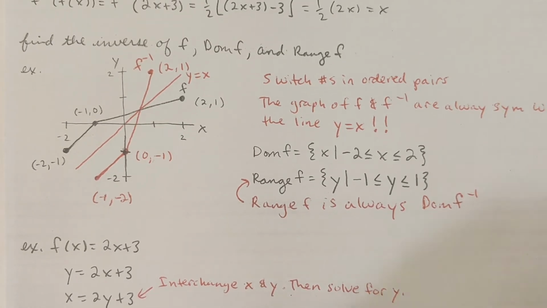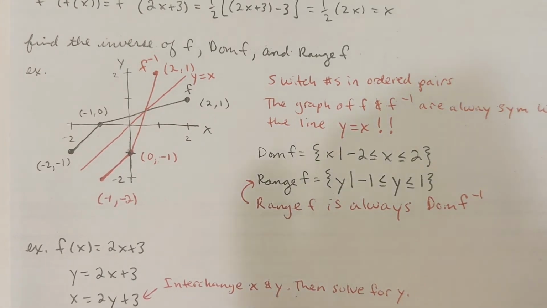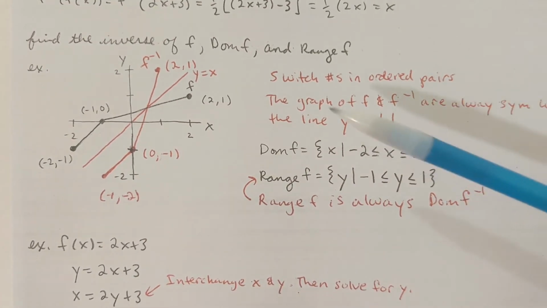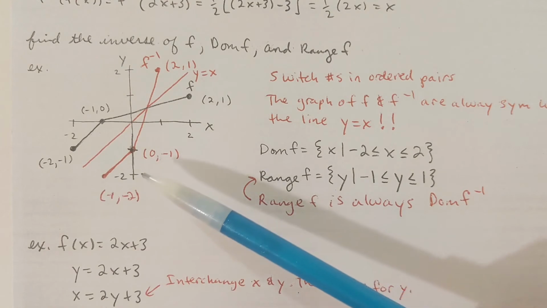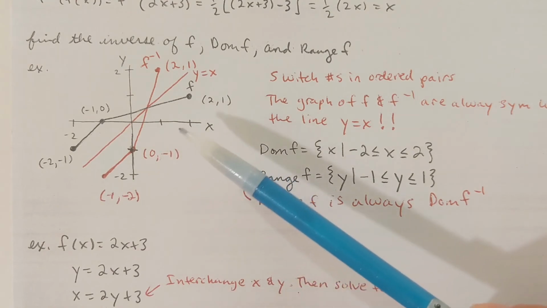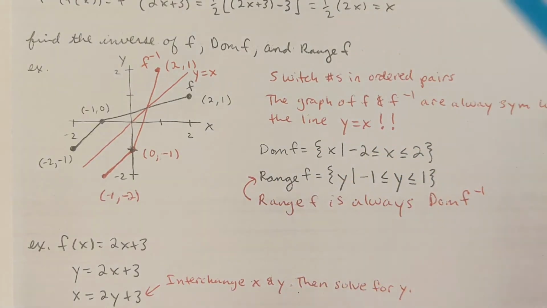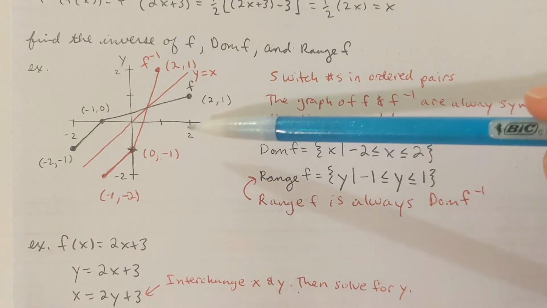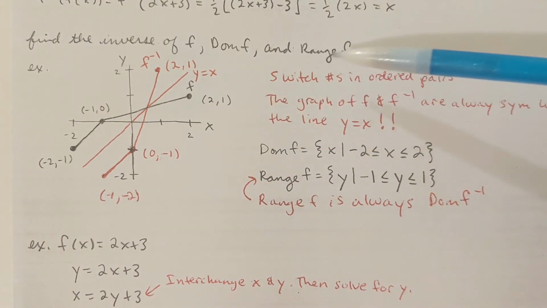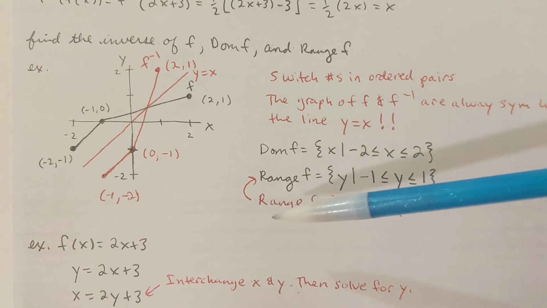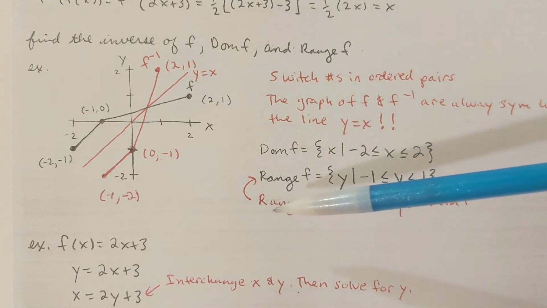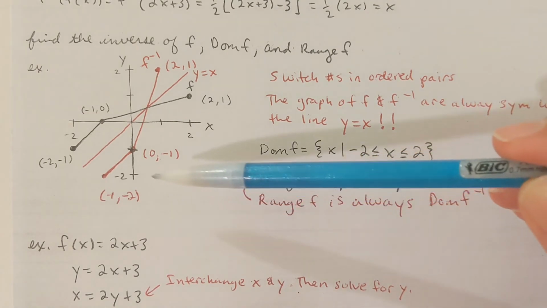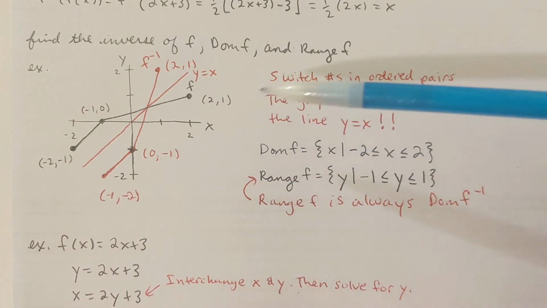Okay, and it will always happen such that the range of a function and the domain of the inverse are always the same set. Okay, so sometimes it's easier for us to state the domain of the inverse, as opposed to graphing and looking at a graph and stating the range of the function.